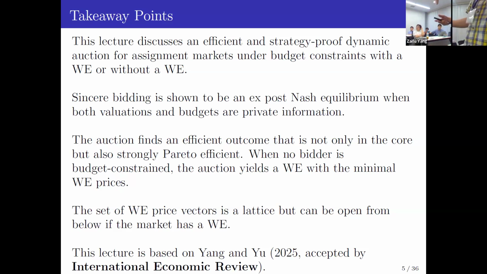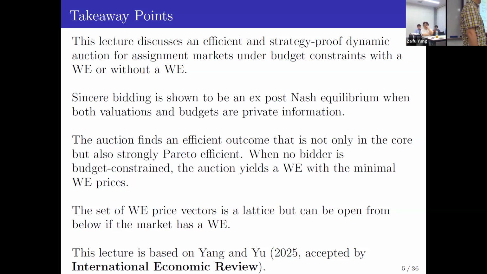When no bidder is budget constrained, the auction finds a valuation equilibrium with the minimum equilibrium prices. We can also have a lattice result when you have a budget.